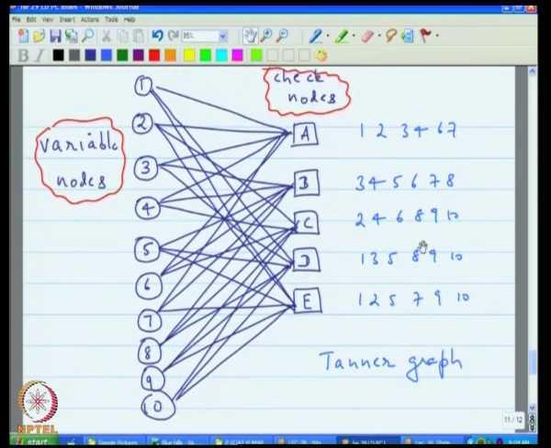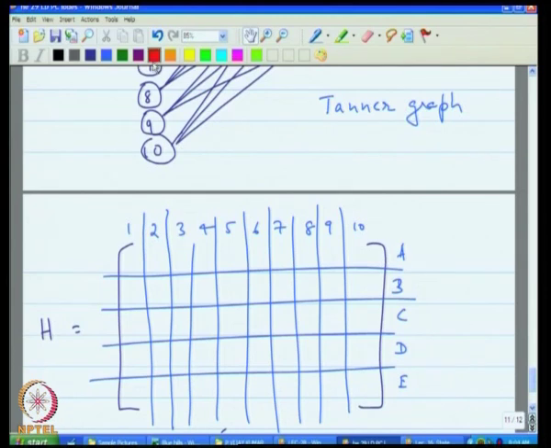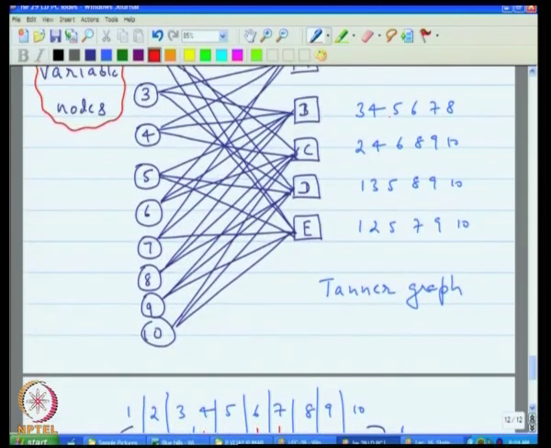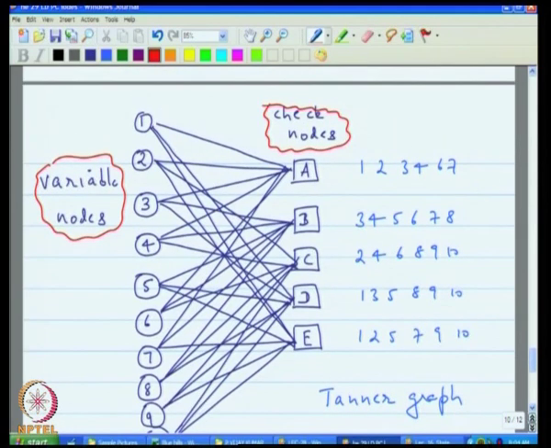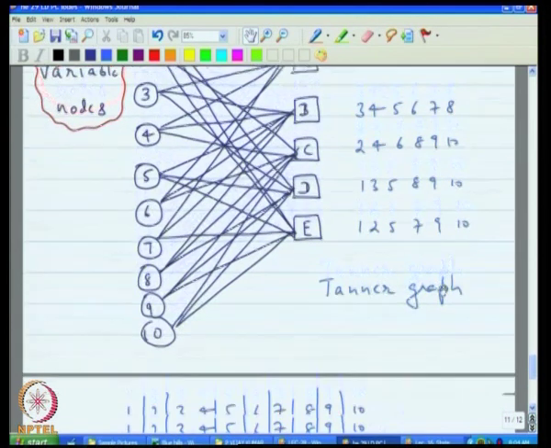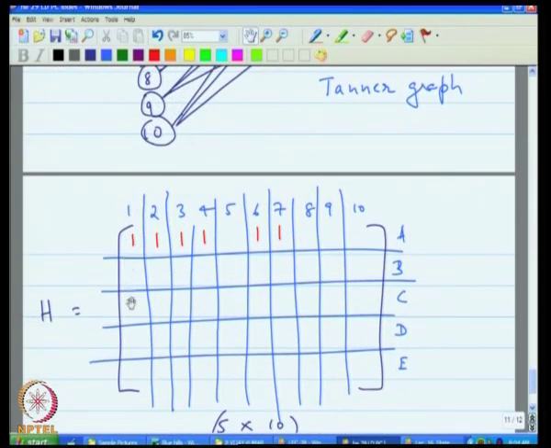So, let us try to fill in some entries of the parity check matrix. Row A has 1, 2, 3, 4, 6, 7, which means that we would have a 1 in columns 1, 2, 3, 4, 6, 7. And then across rows, where is 1 connected to? 1 is connected to A, it is also connected to D and to E. So, in terms of columns, there is a 1 here, here.